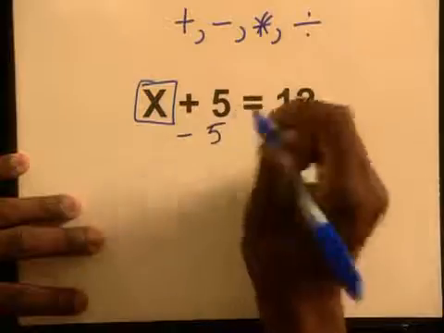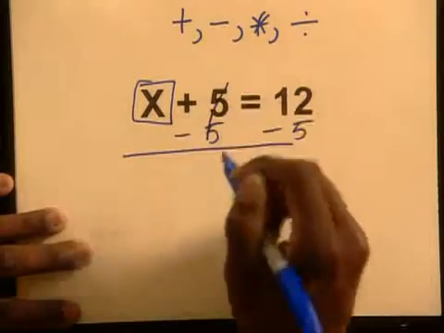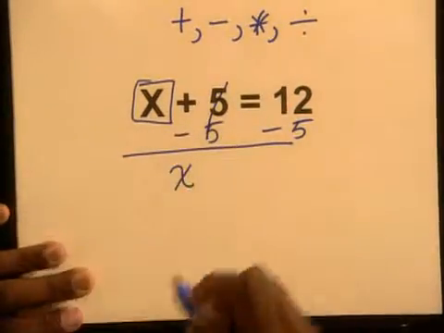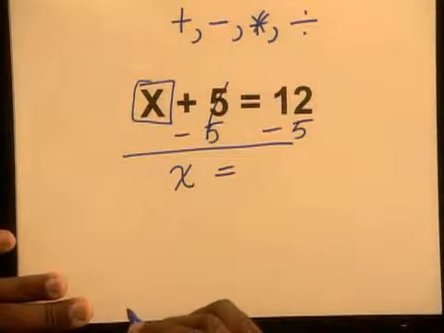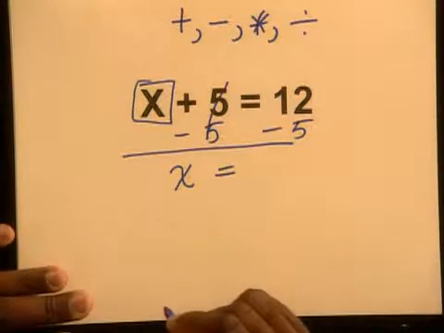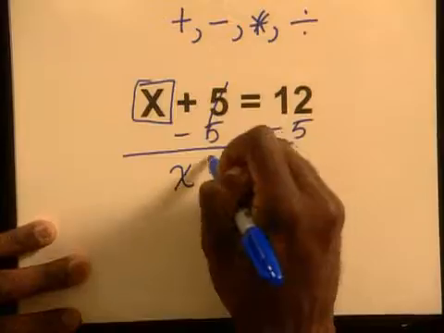So what's the opposite of adding 5? Subtraction. So we want to subtract 5. But because it's an equation, we have to do the same thing to both sides. Exactly. So 5 minus 5, we take this X, we drop it like it's hot. So now X equals 12 minus 5, which is what? 7. So X equals 7, all right?